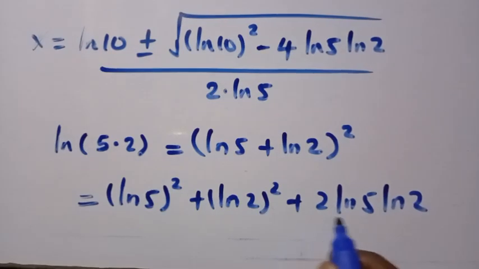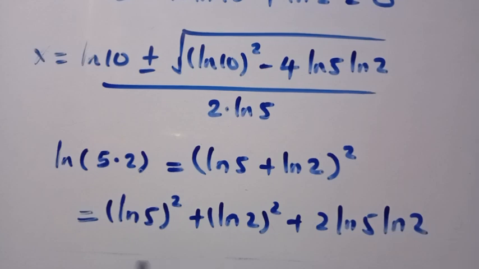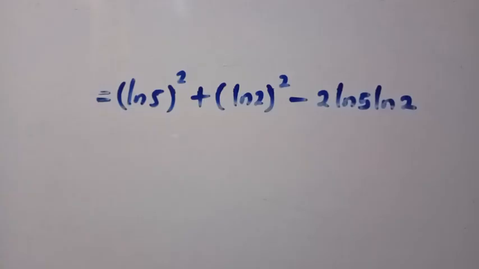Suppose we subtract it from here, this is what we are going to have when we subtract 4 ln 5 ln 2 from here.